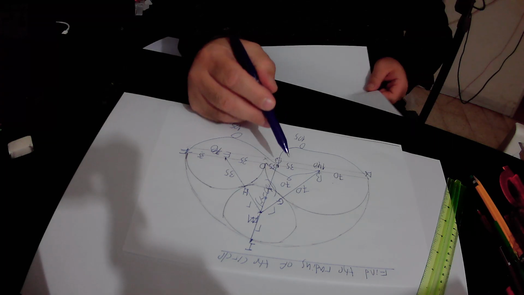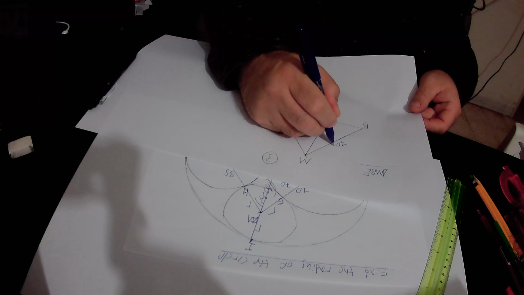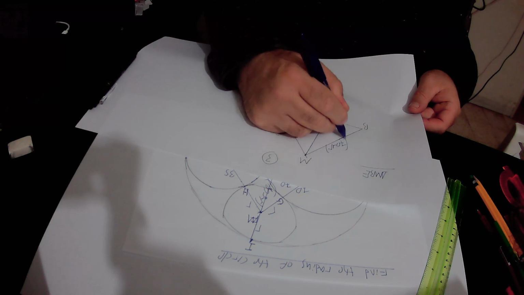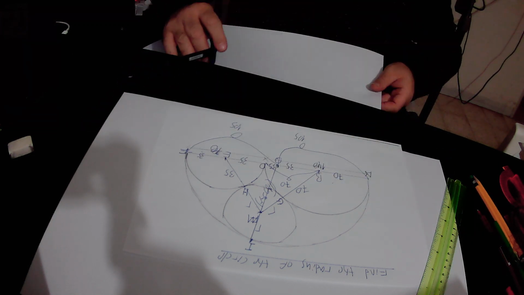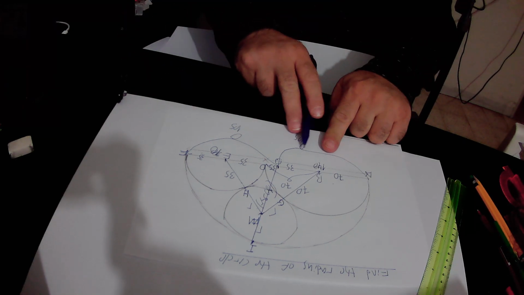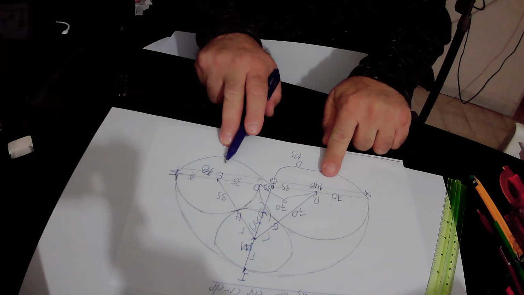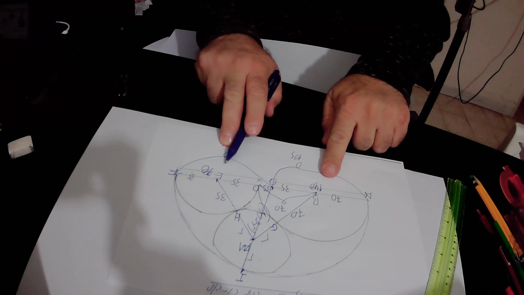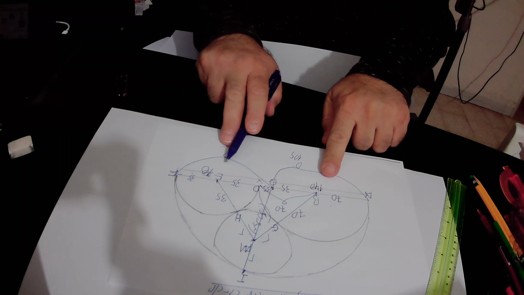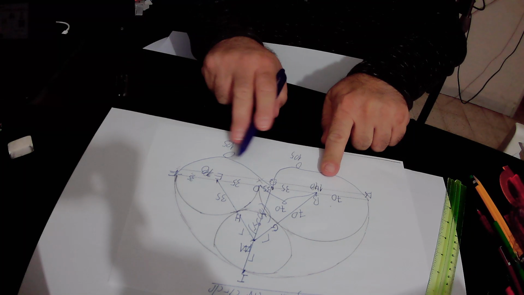BM equals 70 plus r units. Side BE of triangle MBE equals BO plus OE.